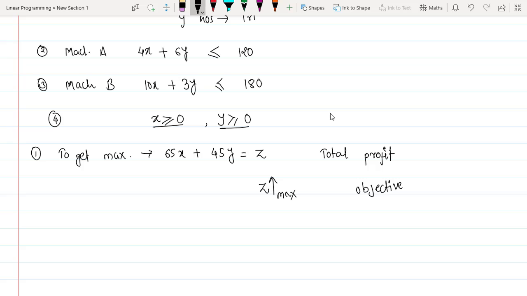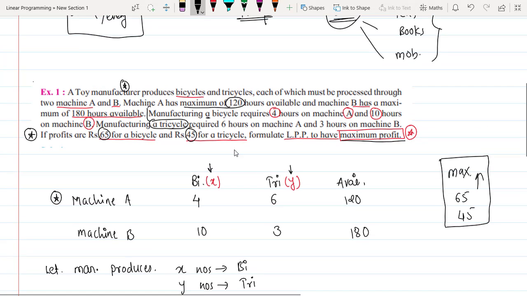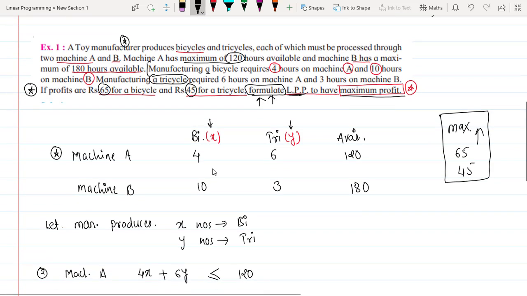So writing all these four inequations or equations will give you full marks for formulating the linear programming. Please make sure that we are not solving this question. Solving means what? We have to find out the values of x and y. We are not solving, we are just formulating the linear programming problem. So in the next class we will be looking at the solution to this linear programming problem. So in this class we are just formulating the given questions.